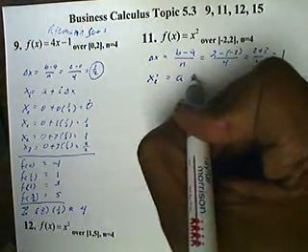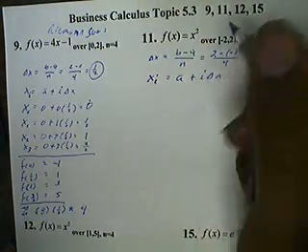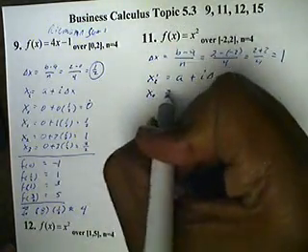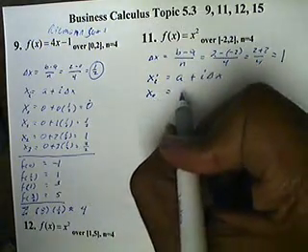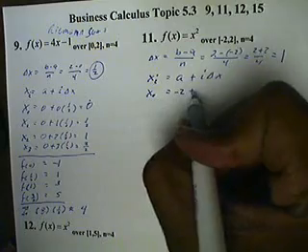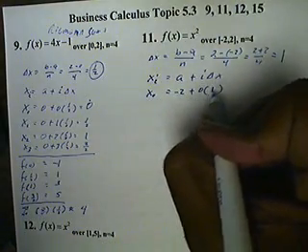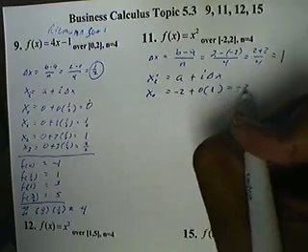So we'll use the formula. xi will be a plus i times delta x. So x0 will be -2. That's your a right there. And then plus i, which right now is 0, times delta x, which is 1. This will all equal -2.